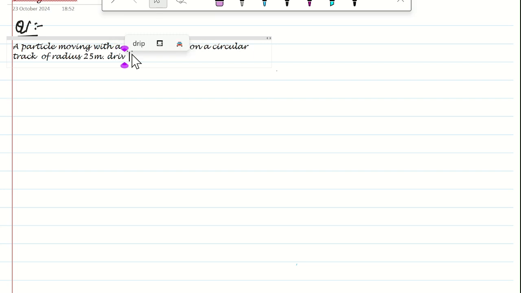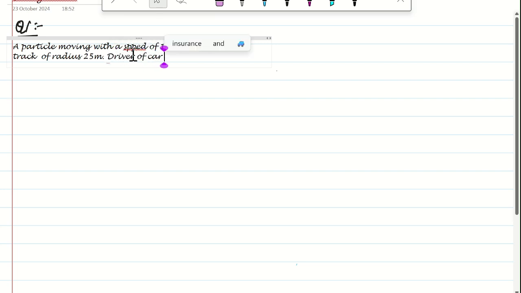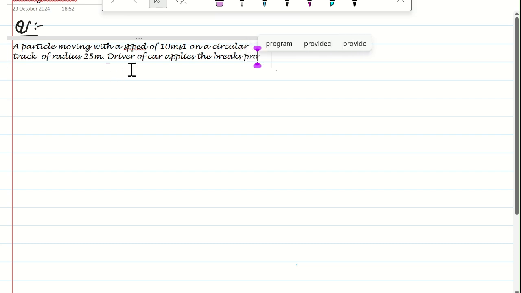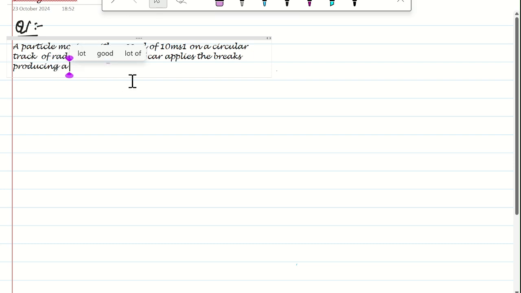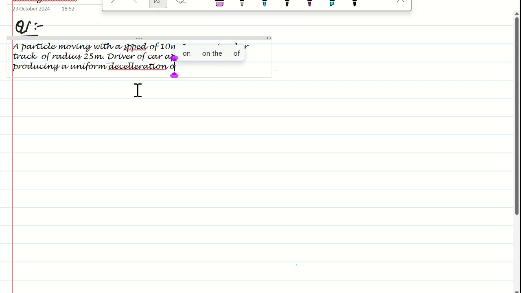Now the driver of the car applies the brake, producing a uniform retardation or deceleration of 3 meters per second squared. So then the questions are going to ask like this.